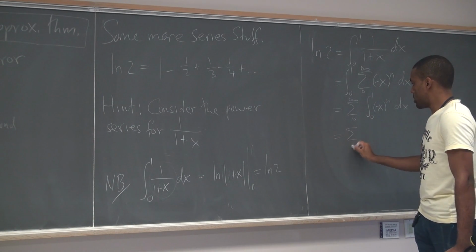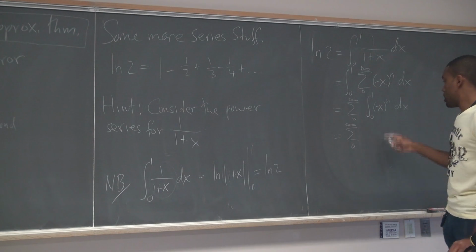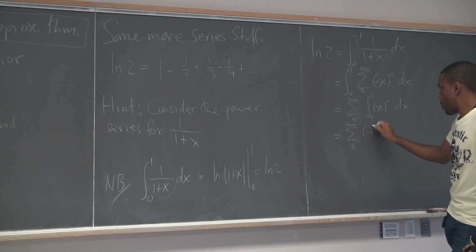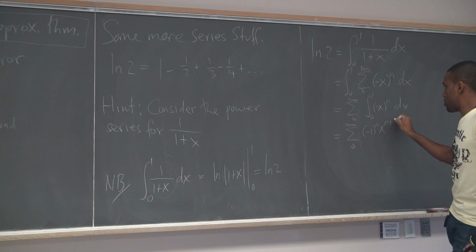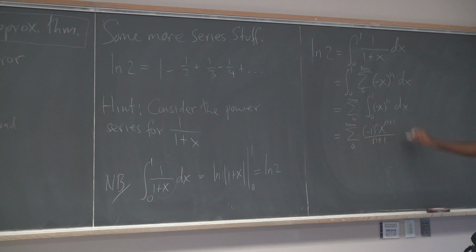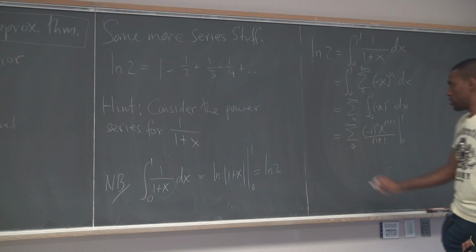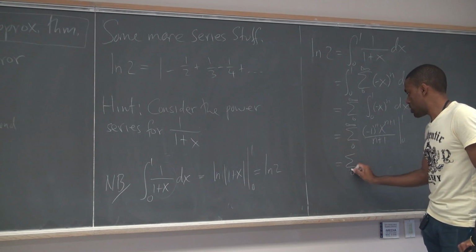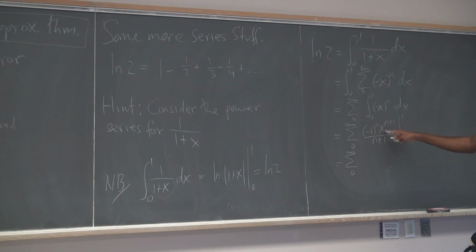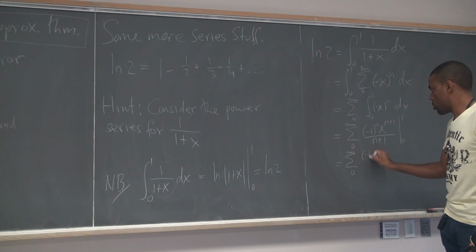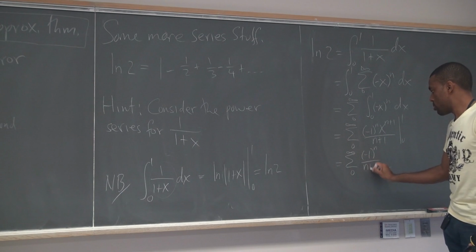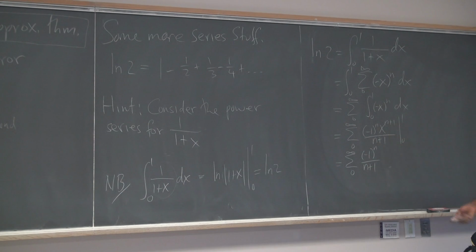This is the series from 0 to infinity. I just integrate this: x to the n plus 1 over n plus 1. This is a series from 0 to infinity. Plug in 1 here, I just get minus 1 to the n over n plus 1. Plug in 0, I get 0.